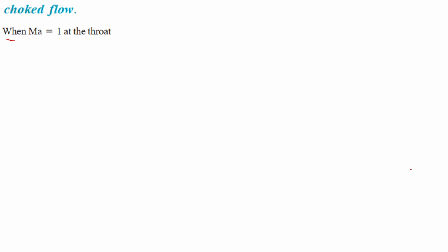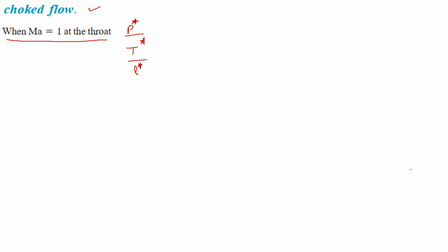When we say that the Mach number is 1, we can use the previous equations that we derived for the pressure, temperature and density, and then derive equations for the choking flow, in which we will use the superscript star: P star for our pressure at the throat, T star for our temperature at the throat, and rho star for our density at the throat.